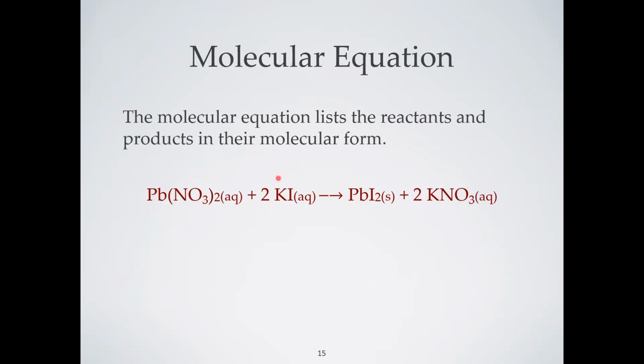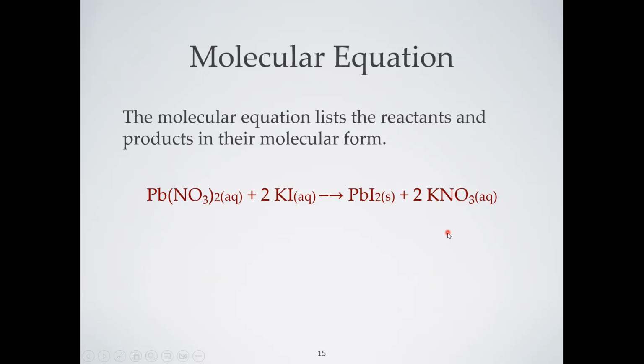So that's why if we look at it, none of these have a superscript, so none of them have a number to the top right, because all of these ionic compounds are going to be neutral overall. So we've got a neutral charge on the left, a neutral charge on the right. So we're conserving charge in addition to conserving mass. So we've got 2 potassiums, 2 iodides, 1 lead, and 2 nitrates. So we're conserving mass. We're also conserving charge with the molecular equation.